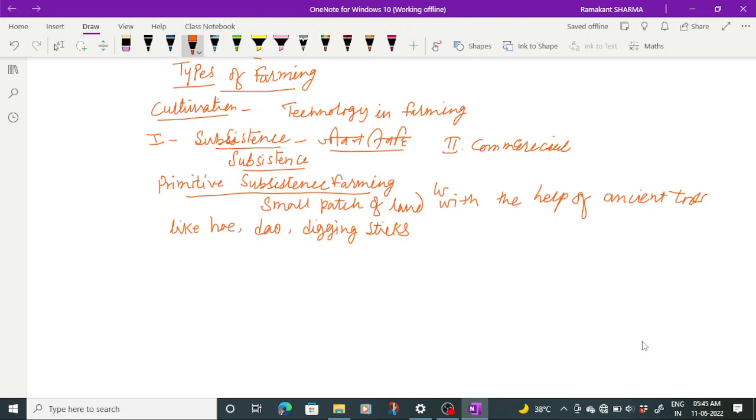and the labor is family and community. Family and community labors are used in primitive subsistence farming.